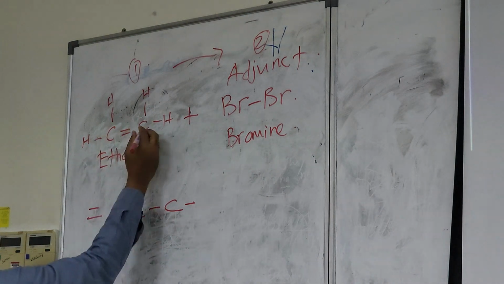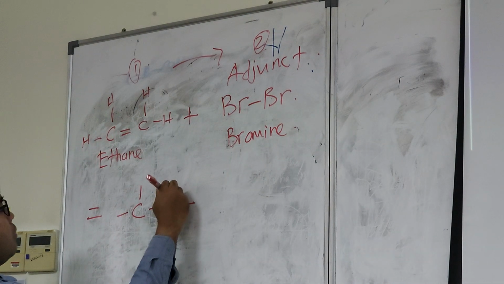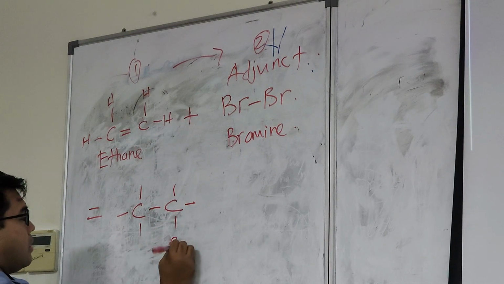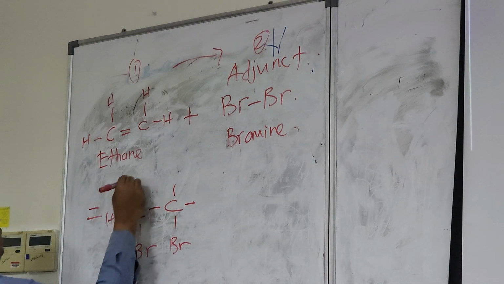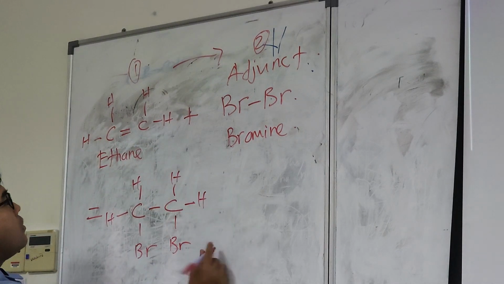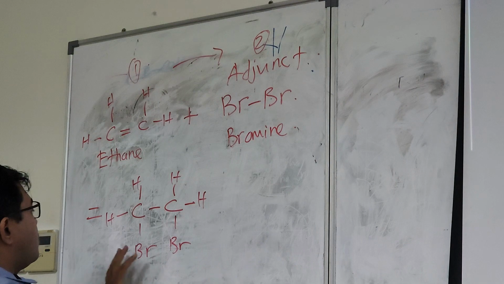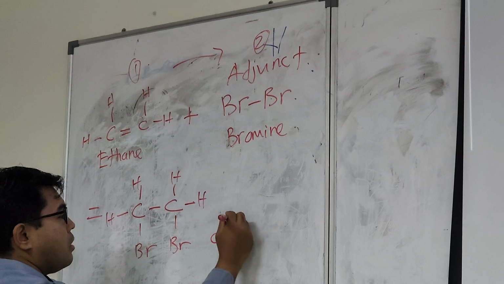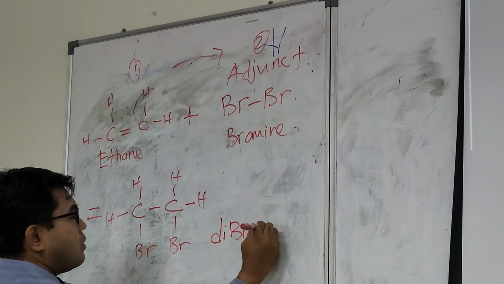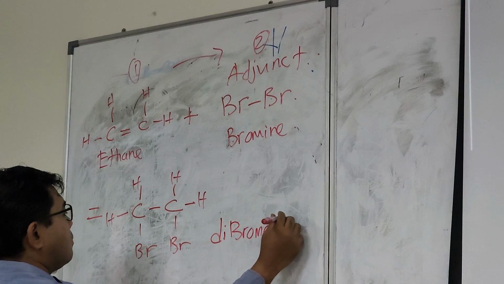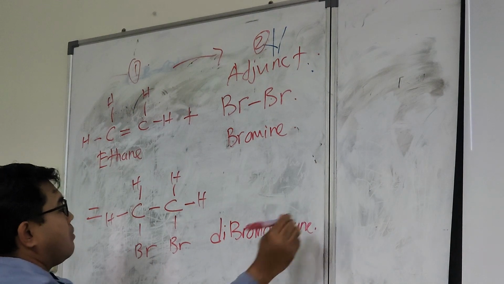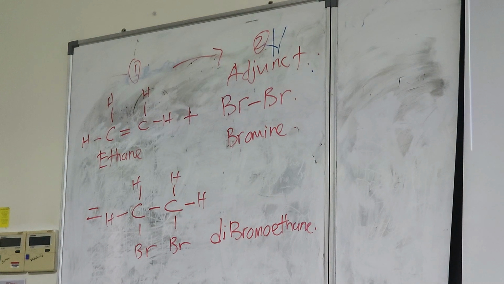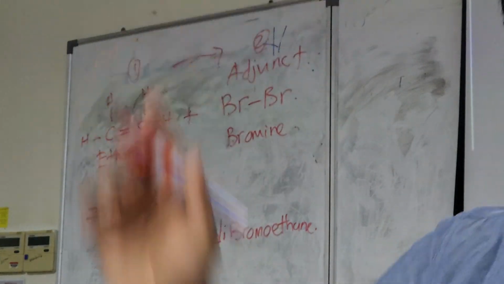Now this double bond is removed, and you're going to get bromine down here, and H. So what's the name now? We've got 2 bromine, hence the word is bromoethane. This is adjunct, on top of each other. So, familiar with this up to this point? Okay, that's good.